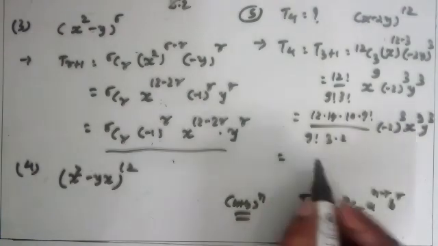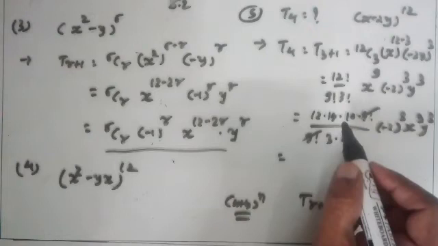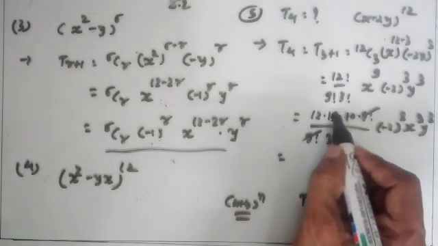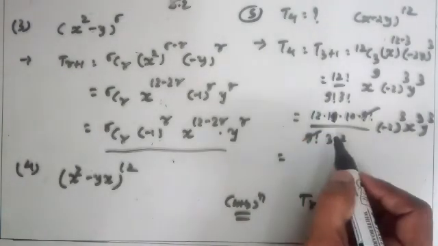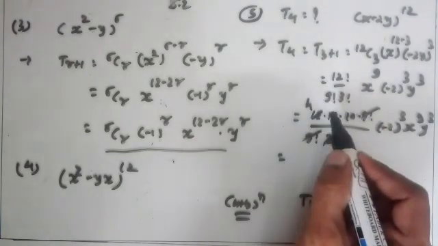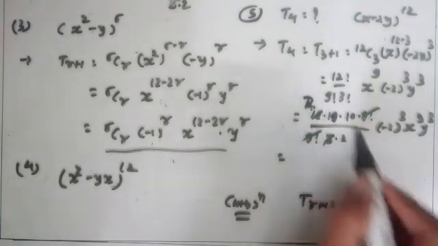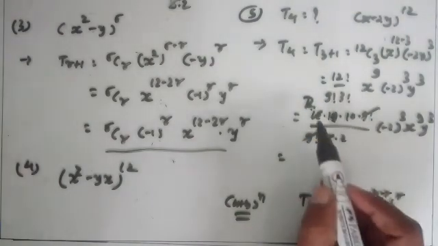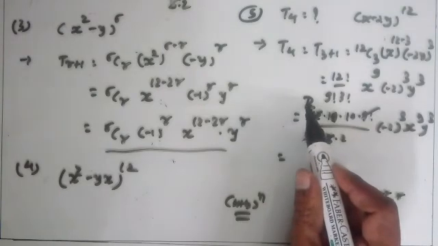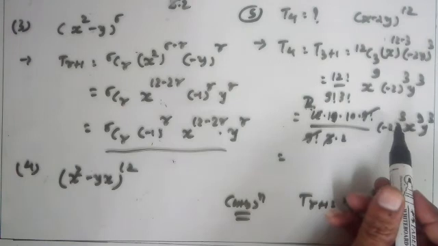Clear? So here 9 factorial cancels, here this is 11, 3 times 4 is 12, and 2 times 3 is 6, 6 times 2 is 12 directly. Okay. So using a calculator, 2 into 11 into 10 into minus 2 raised to 3, that is minus 8.